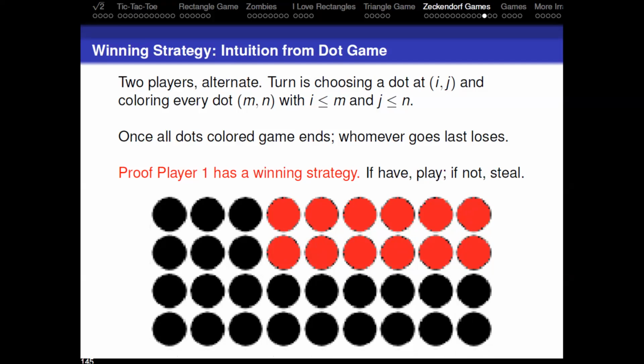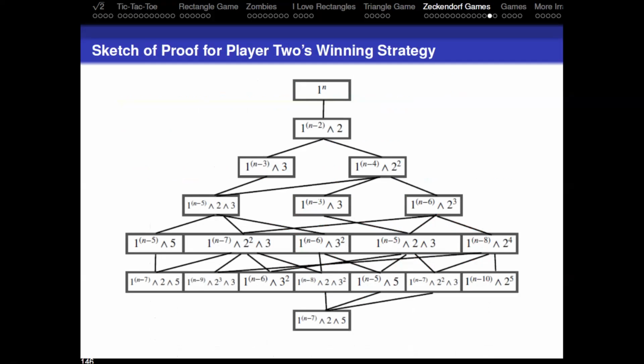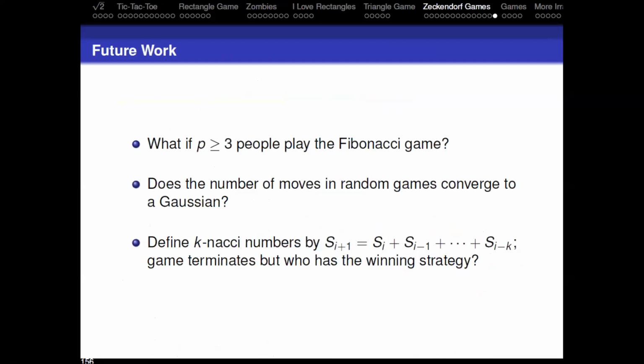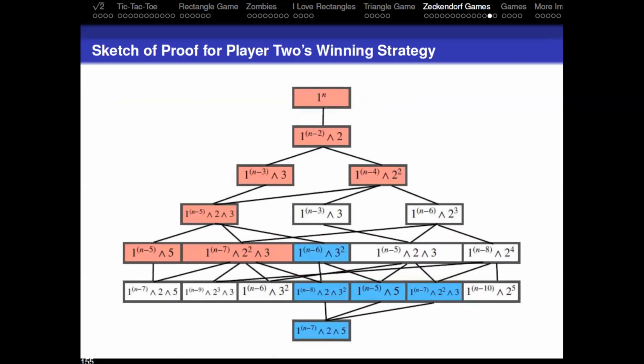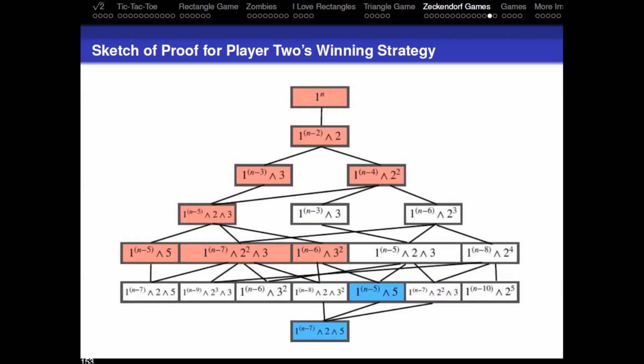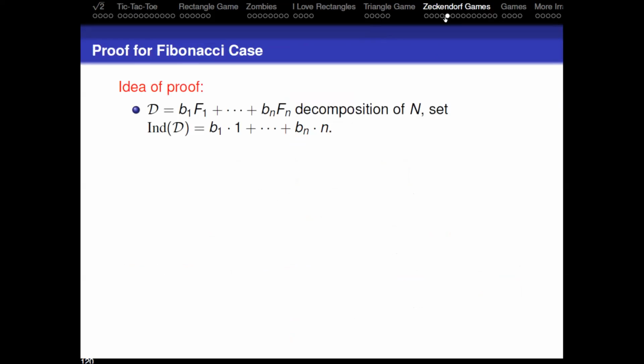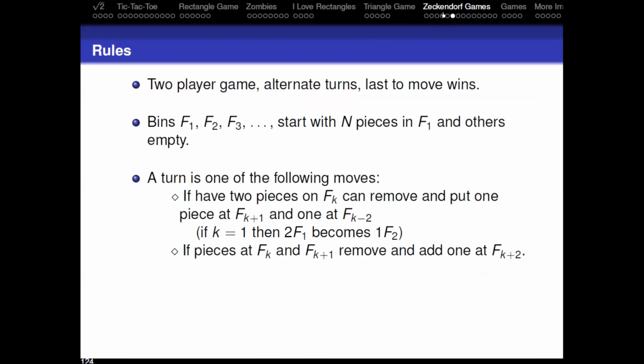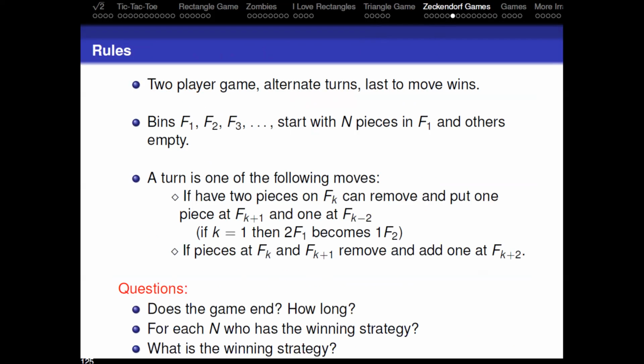So I'm not going to go through the analysis. There's a way to set up and show that player two can force a win unless n equals 2. But it's now at the point where I can give you some possible questions that we're going to be thinking about. So for the Fibonacci game, it would be wonderful if we could figure out what a winning strategy is.